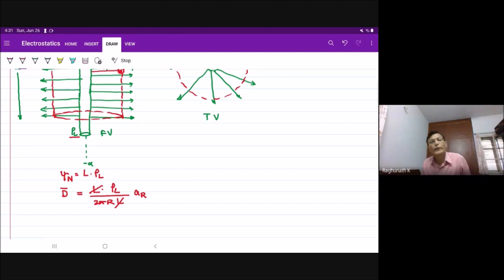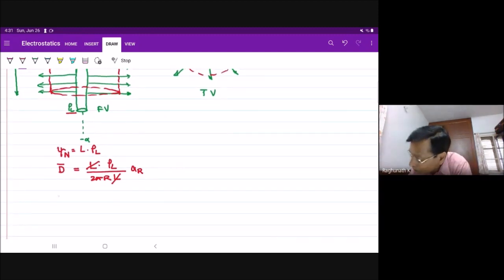Consider L to be infinity also, no issues for me, because anyway I will divide it for the sake of determining the flux density. D bar is equal to this and E bar is equal to D bar by epsilon is equal to rho L by 2 pi epsilon r, in the direction a r, without using Coulomb's law and integration. We could determine the expression for the electric field intensity at any point.